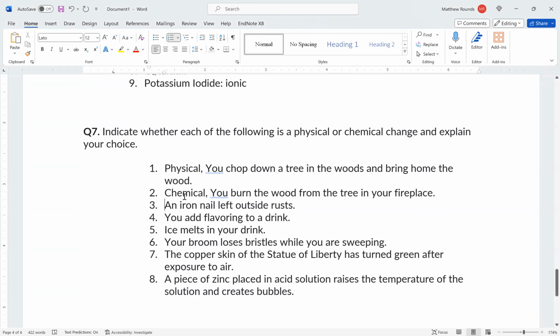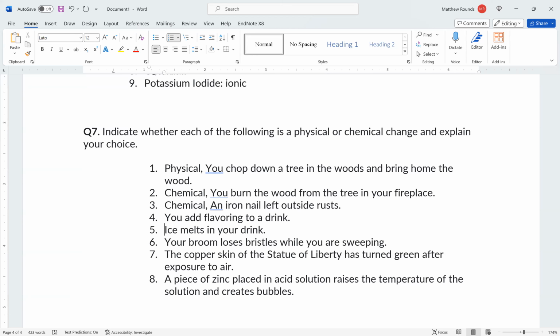Is the rust the same as the nail? No, that's chemical. I can confirm that because my skates have rust on them, because they're old. I'm getting new ones soon.